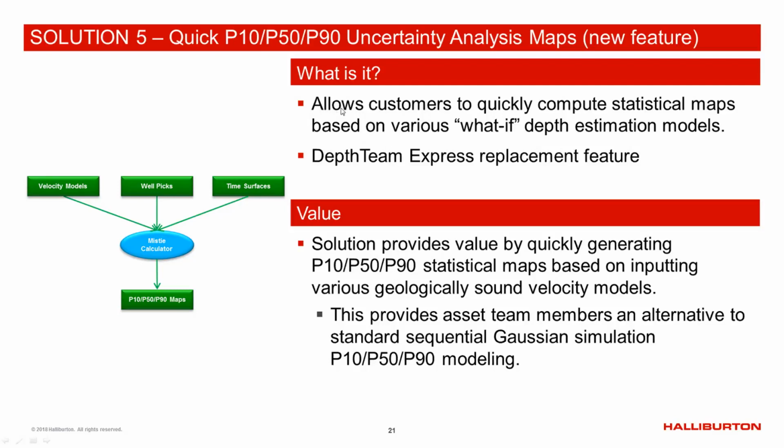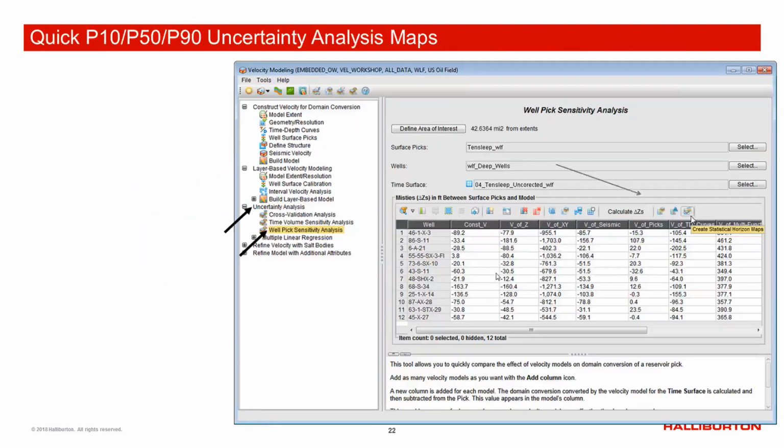This method here, again another Depth Team Express replacement feature, is an alternative to sequential Gaussian simulation. It's more of a manual P10, P50, P90 statistical estimation of uncertainty.